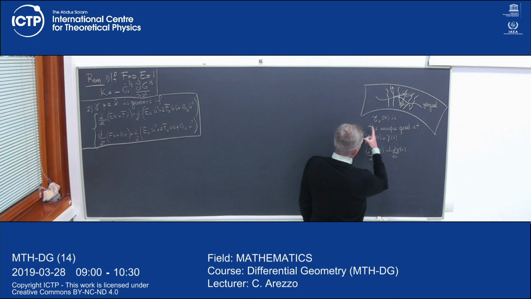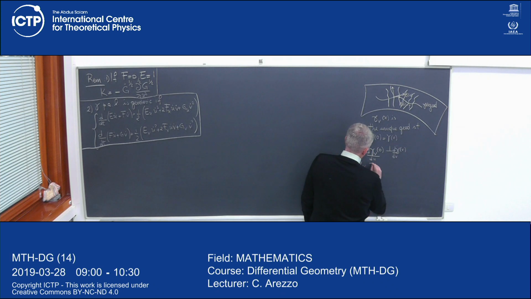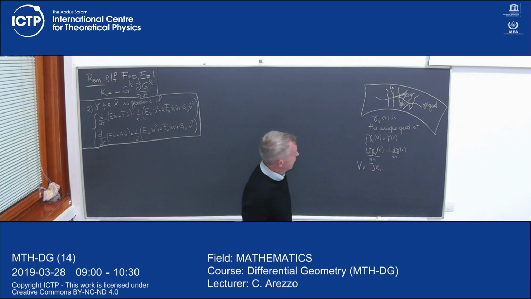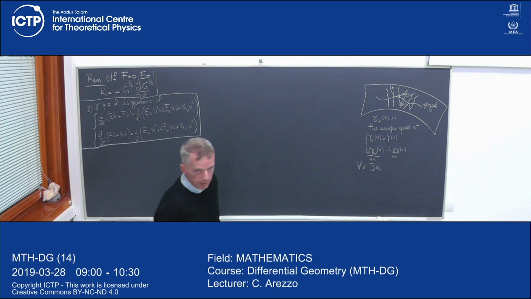I should be a little careful about the domains of definition of these curves. For any V, what does the existence theorem tell me? That there exists a small interval, but now the point is moving. So the domain of definition of the geodesic gamma V depends on V. It's always positive, but I don't know how big it is.